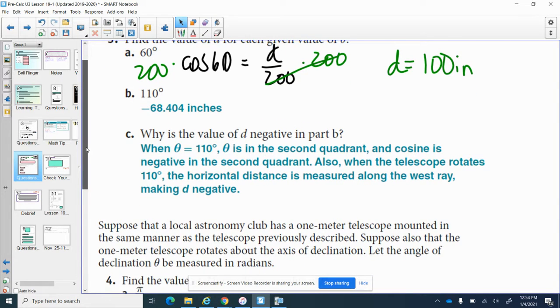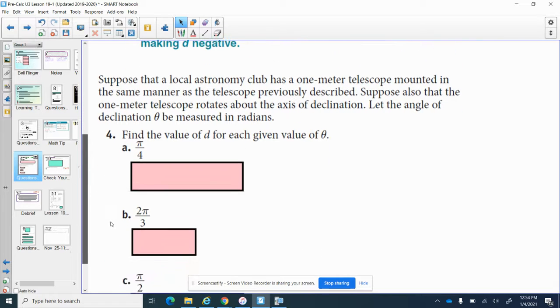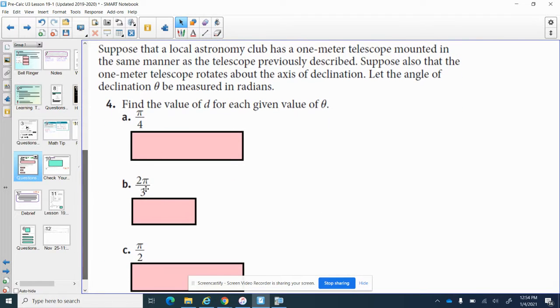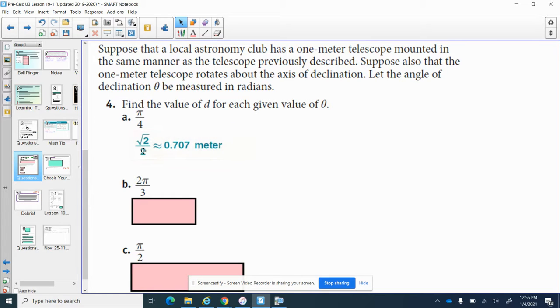Now from here, we know that there are some values around the unit circle that give us these values, right? If we're at pi over 4, in radians now, we know we're at the square root of 2 over 2, which is approximately 0.707 meters.